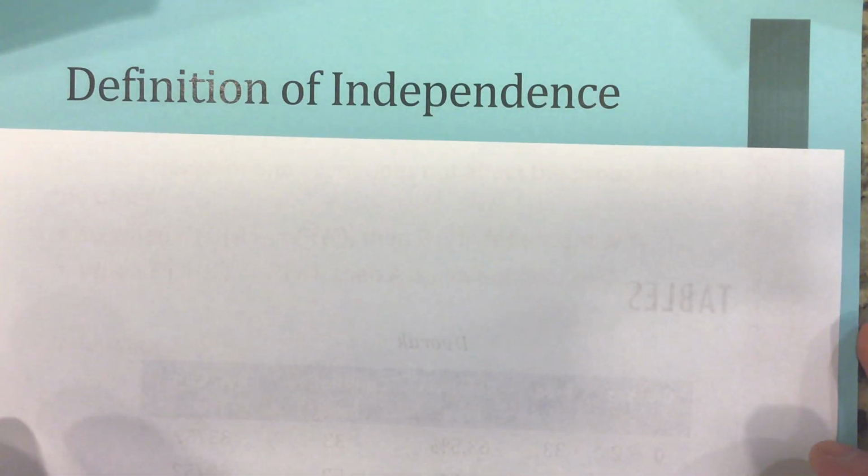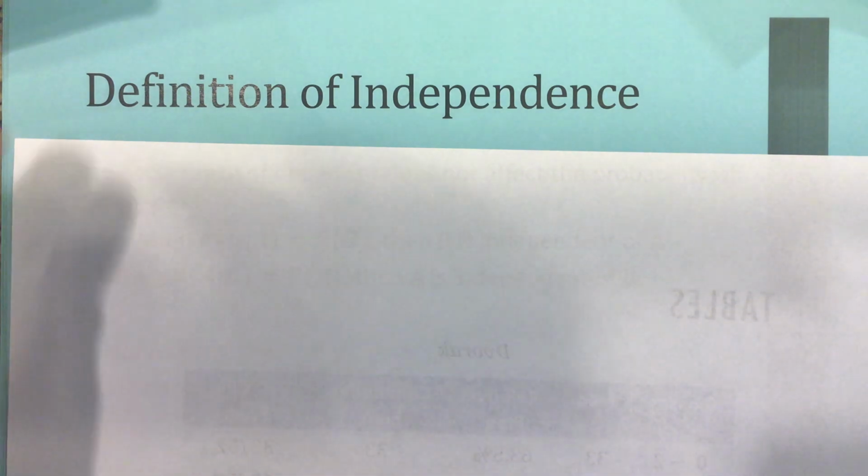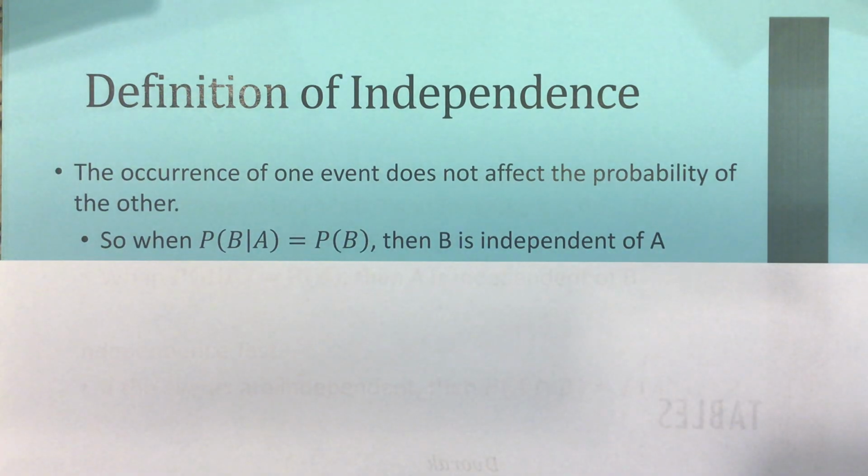So that brings us to what I've been talking about, independent, dependent. Here's how we can now formally define independent events. Okay. So events are independent when the occurrence or non-occurrence of one event has no impact on the chances of another event occurring or not occurring.